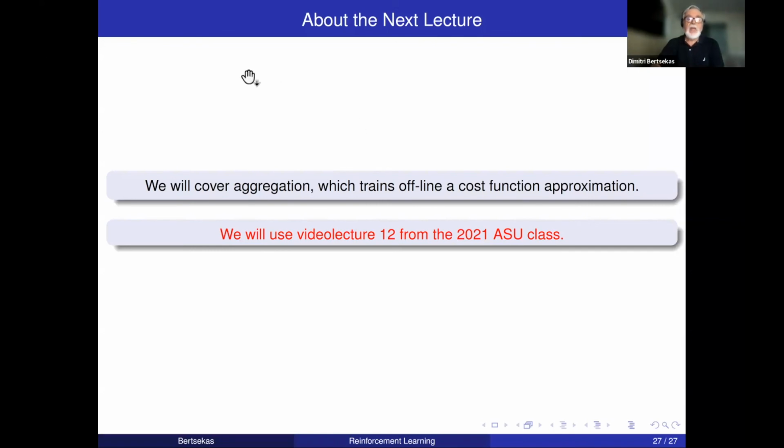Okay, so where are we in this class? We have only one class that will cover new material, and that will cover aggregation next week. And aggregation is an offline method to train a cost function approximation that could be used in approximation in value space. There is a video lecture from last year's class, which I will use next week.